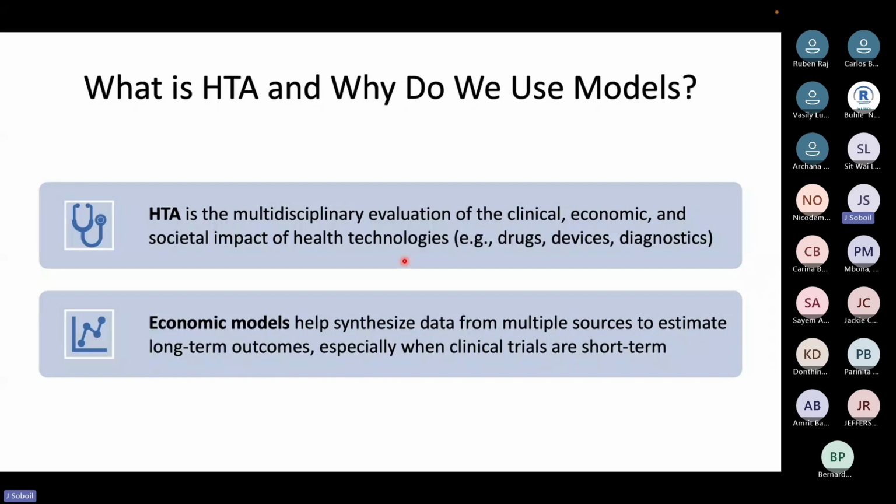But more specifically, HTA economic models are used to help synthesize data from the available sources you may have, and then we estimate the long-term outcomes of clinical trials or registry data, etc., and their costs and benefits and how they impact patients over time.